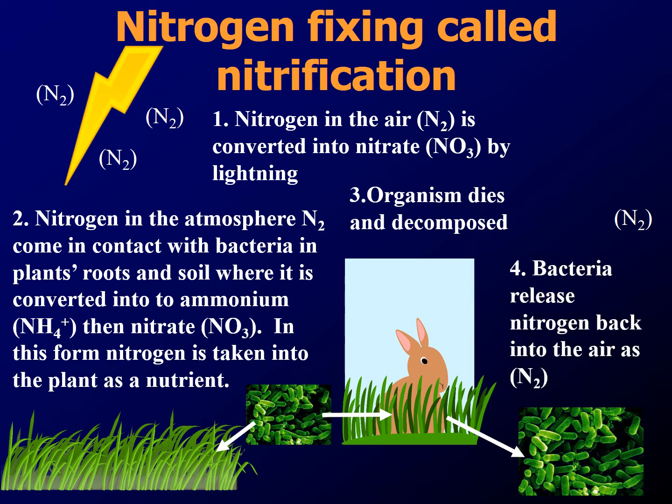Once in the soil, bacteria releases the nitrogen back into the air through a process called denitrification. And again, that is when nitrate is converted back into nitrogen gas and then it is released back into the air. And that is basically the nitrogen cycle.